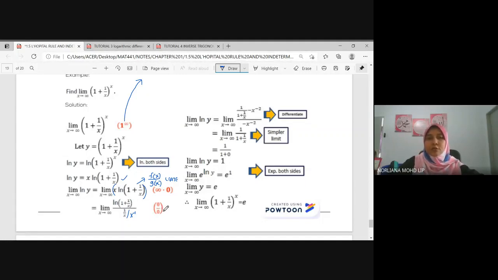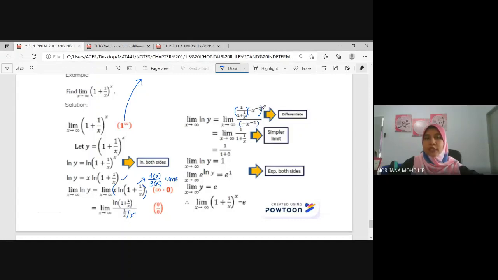Okay, then we can apply the L'Hopital rules. So we have to differentiate the numerator and denominator separately. So differentiate the ln, and we get this answer using the product rules, over the derivative of the denominator, which is equal to this answer.